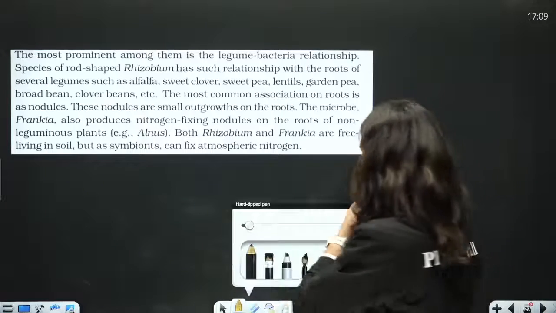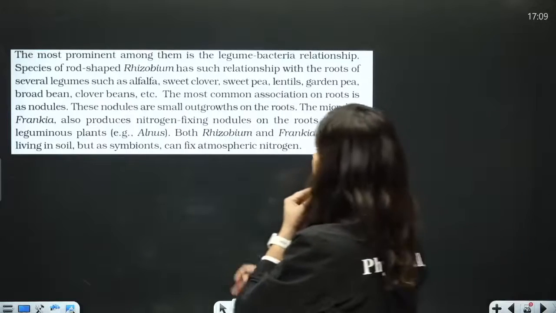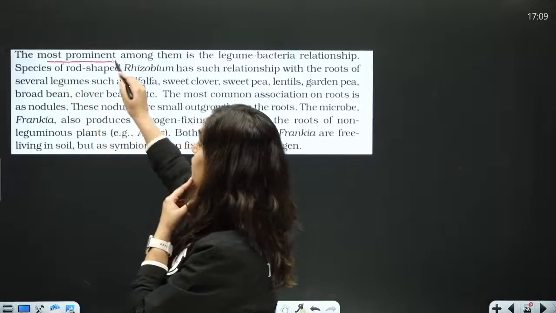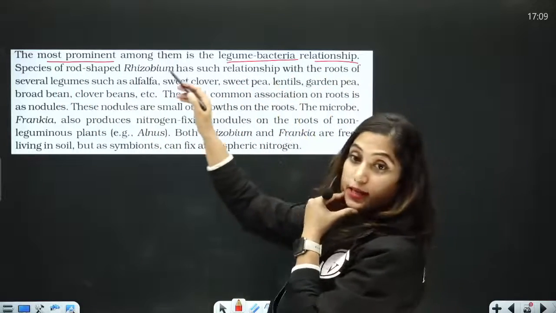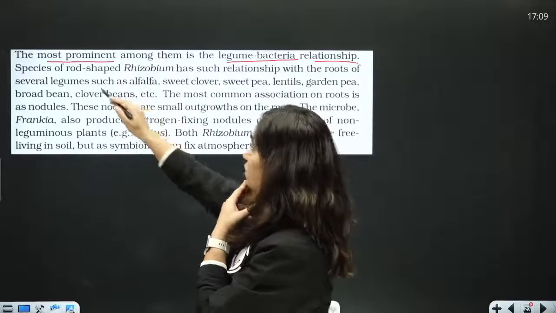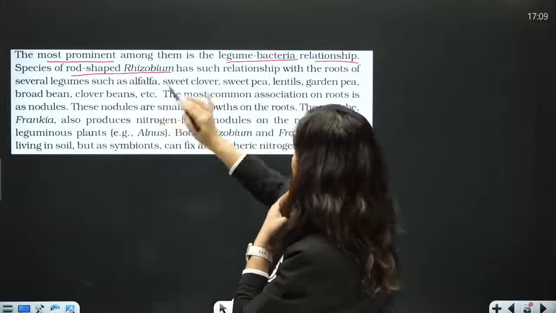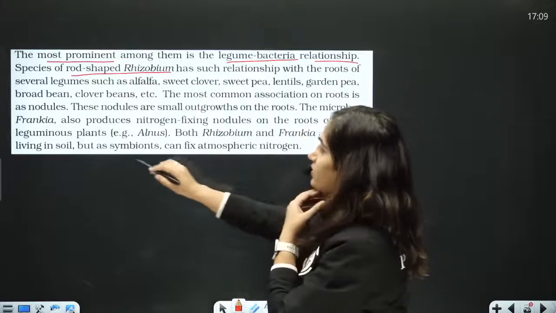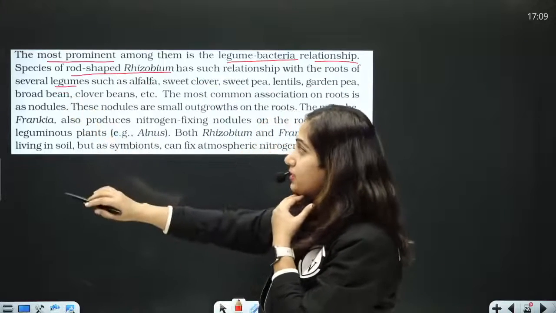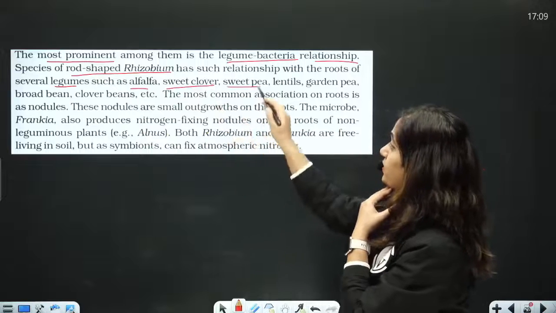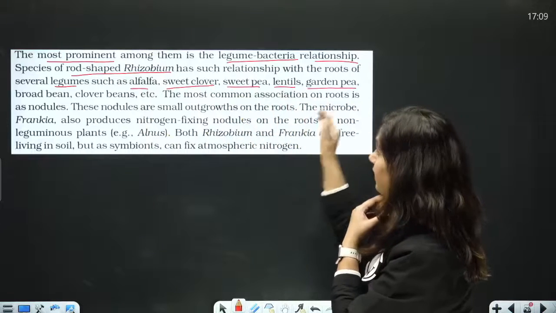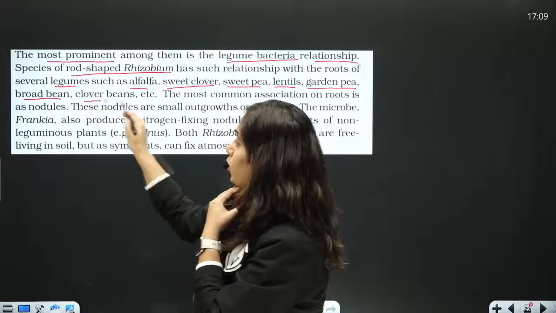Yes, these are the lines of NCERT. Let's see. The most important relationship is the legume bacteria relationship. You know what is legume? Leguminous plants. So a rod-shaped bacteria, Rhizobium, is found associated with several leguminous plants. Alfalfa, sweet clover, sweet pea, lentils, garden pea, broad bean, clover bean.